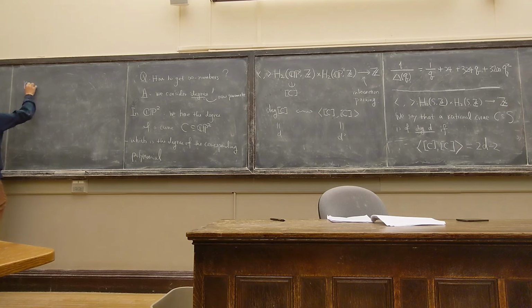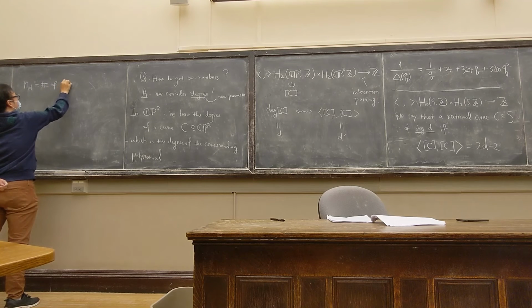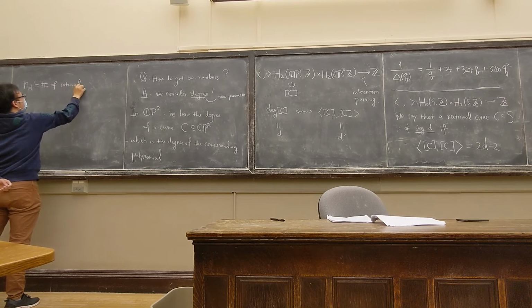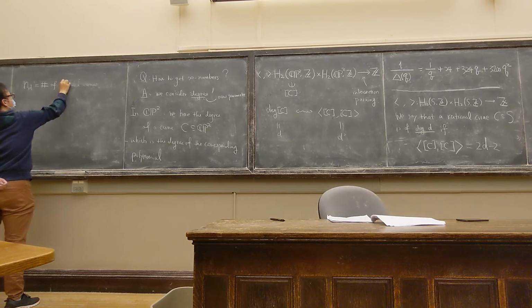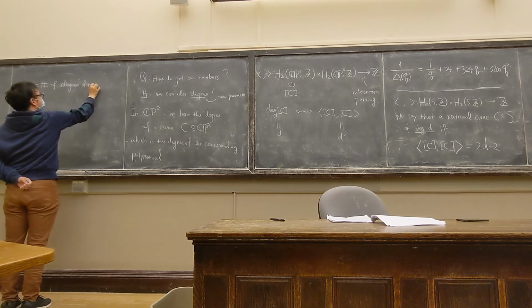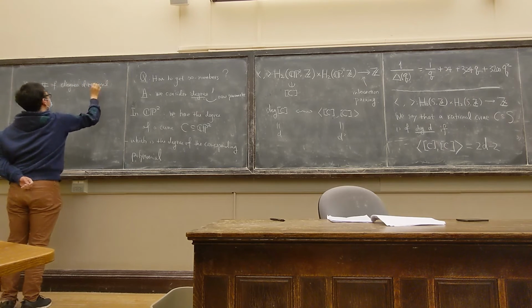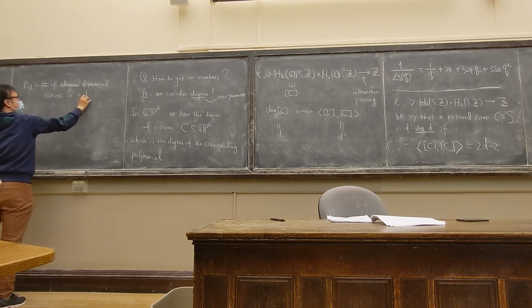So we define N_D to be the count of the number of degree D rational curves in a K3 surface.